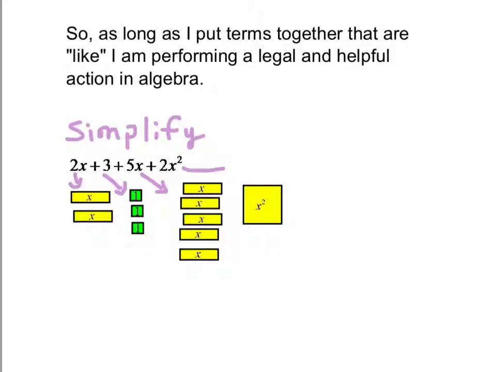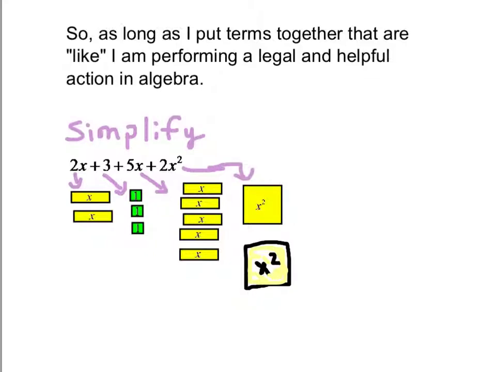I'm short one, so let me just add one more x squared here because it says 2x squared there. And I'll try to fill this in with yellow real quick. Sorry about that. And that's my 2x squared right there.